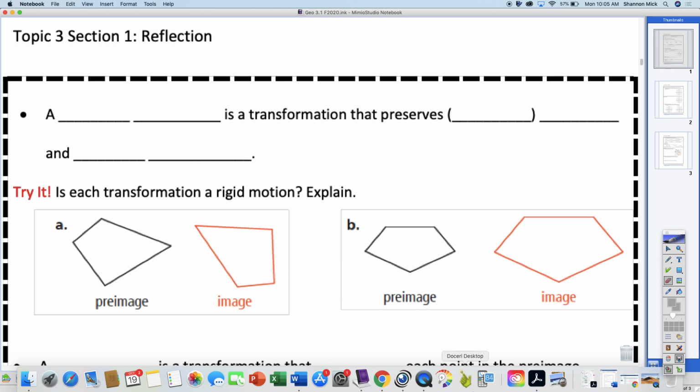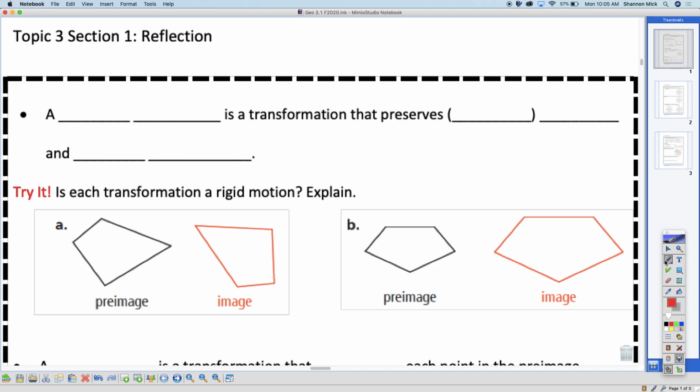So a rigid motion is a transformation that preserves. What does preserve mean? To keep. It keeps.